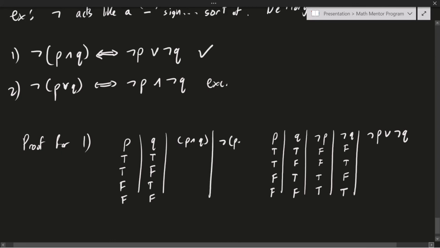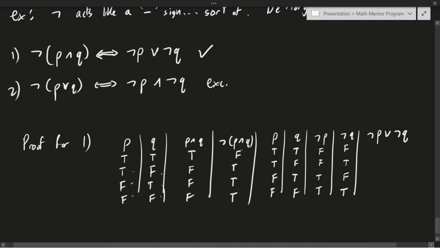So what we can do is we can think about the statement P and Q. And P and Q, remember, is true only in that first row. Otherwise, it's false, because at least one of these things is false. Then the statement not (P and Q) is going to be just the negation of everything in the third column.